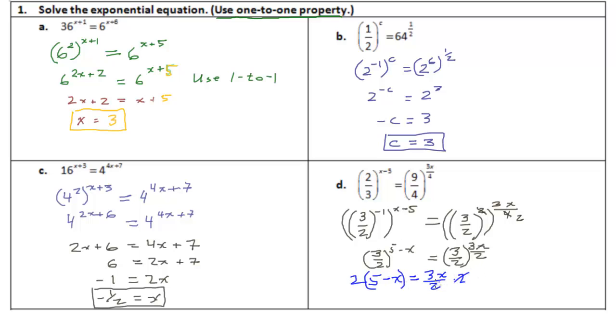This cancels off, and I get 10 minus 2x is equal to 3x. So adding 2x to both sides, I get 10 is equal to 5x, and then divide by 5, and voila. I've got x is equal to 2.